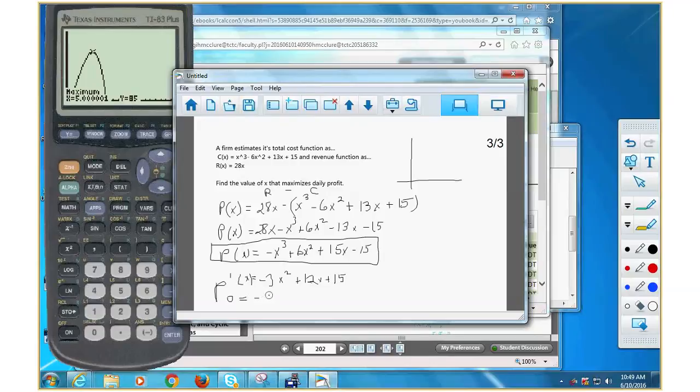Because the function set equal to 0 will give us what? X-intercept, Hubert. That's right. The derivative set equal to 0 will give us the highest and the lowest points. Okay? So, negative 3x squared. So you need to write that down. It not only will give you the rate of change or the slope at any point on the line, but if you set it equal to 0, it'll give you your extreme highest or lowest point.